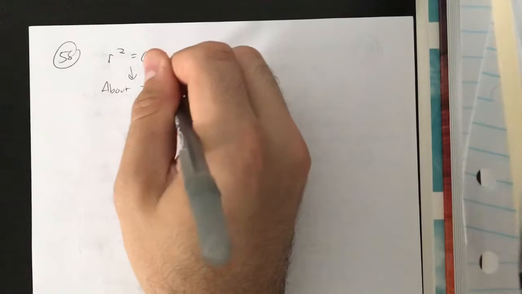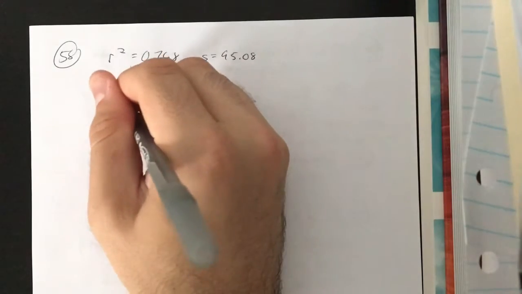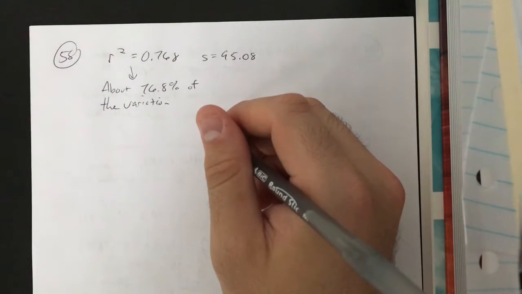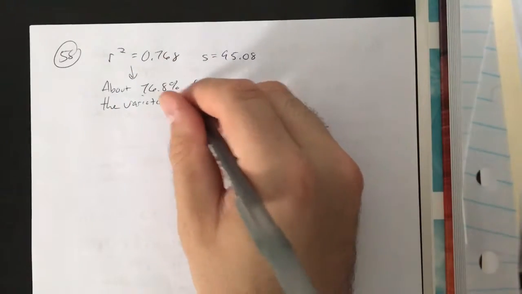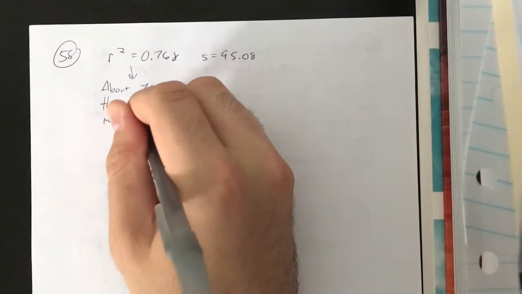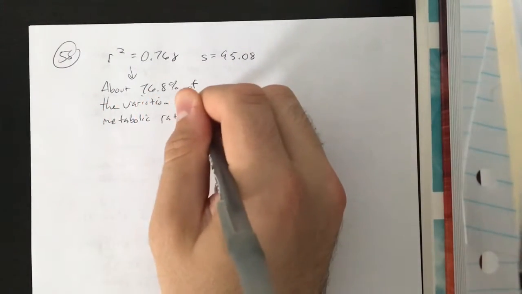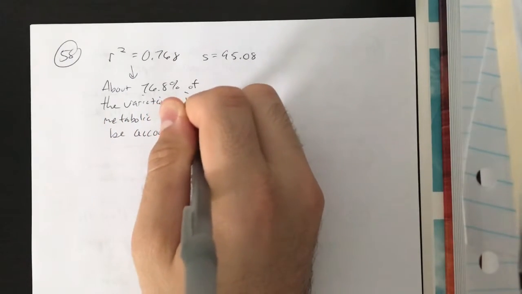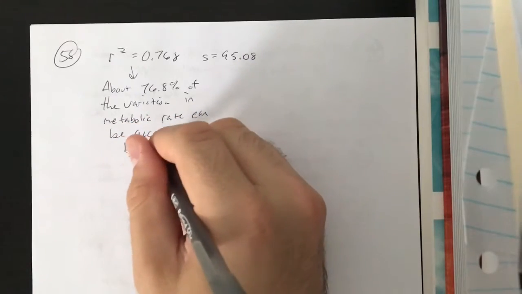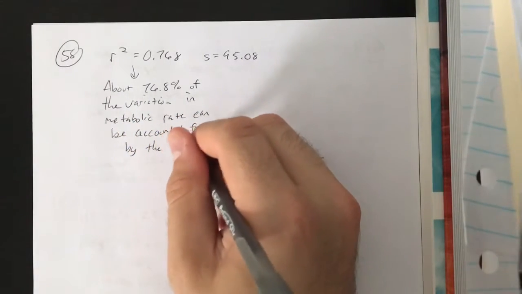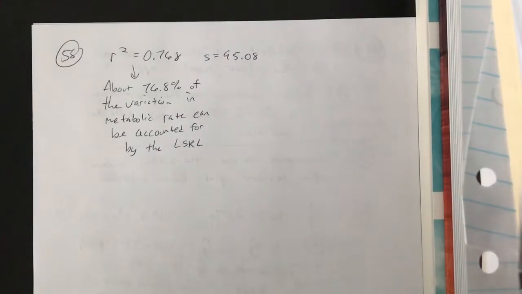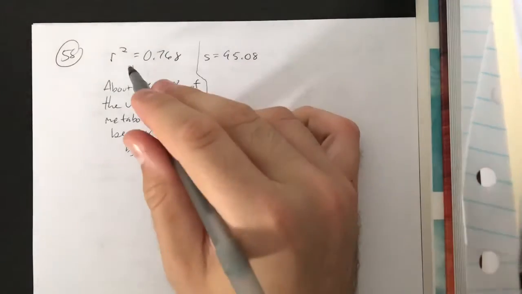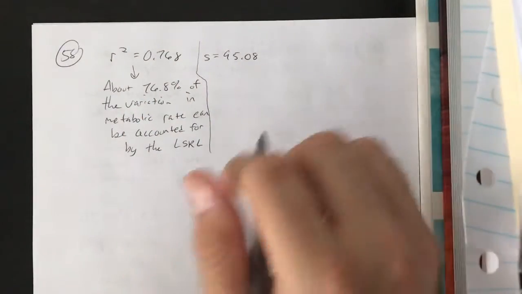About 76.8% of the variation in metabolic rate can be accounted for by the least squares regression line. And obviously the more you can account for, the higher the percentage, the better the model is. Hence why a larger R squared value is better for the model overall.